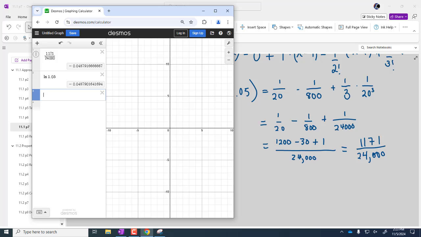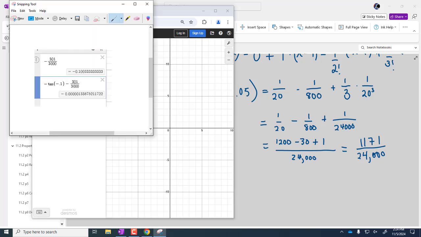So which one is bigger, the top one or the second one? Top one's bigger, so let's do this one minus this one. So that is our error, our absolute error.